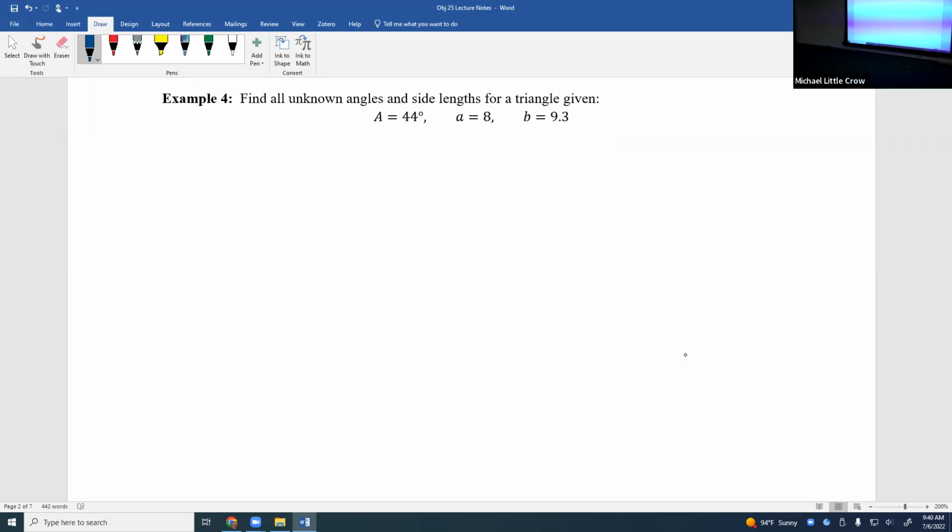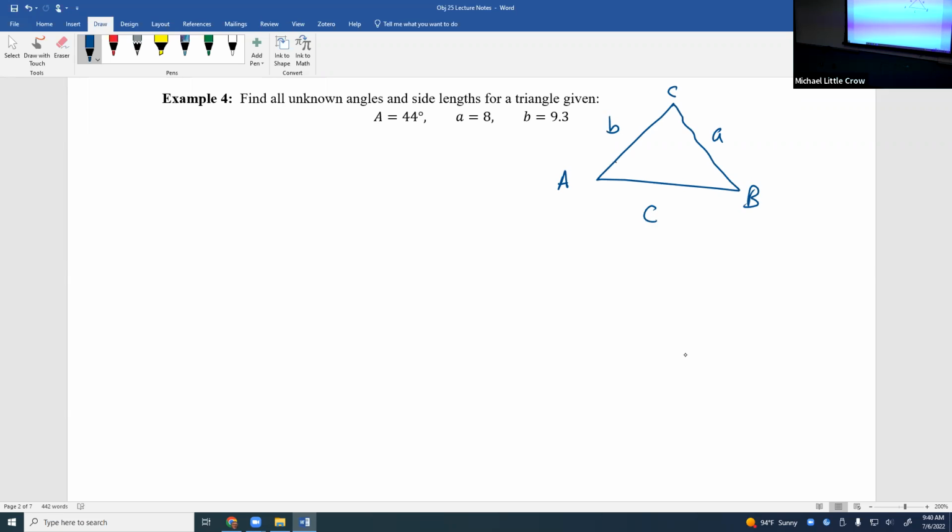And again, it's a side-side-angle, right? They're giving us 2 sides and an angle. So remember, this is the one we always have to check to see if there's 2 solutions. So that's little a's over here, little b's here, little c's here.